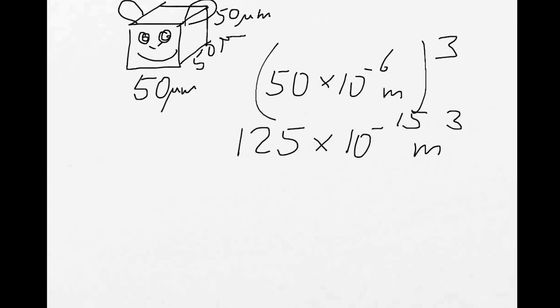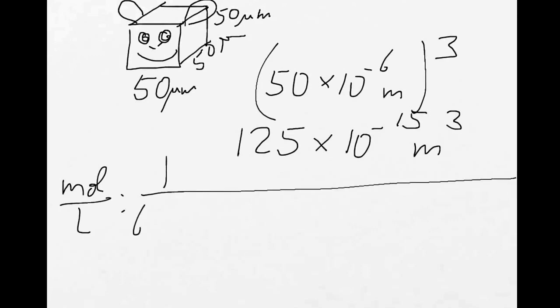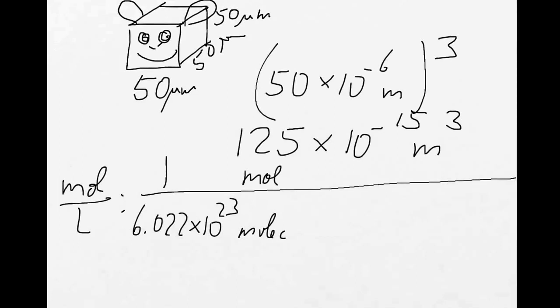Again, we have mole per liter. We have 1 over 6.022 times 10 to the 23 molecules per mole. We have 1 molecule per cell.